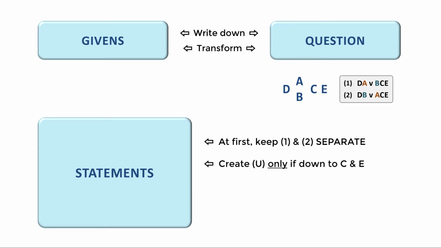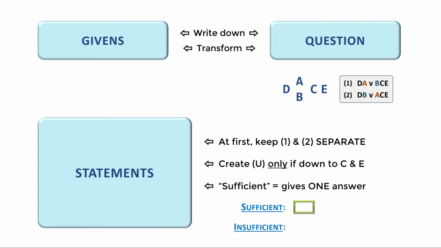Let's take a moment to review the meaning of the term sufficient. To say that a statement is sufficient means that it gives one answer to the question. A way to picture this is to say that a sufficient statement provides an answer that fits neatly into a single box. An insufficient statement, on the other hand, is messy and indecisive.